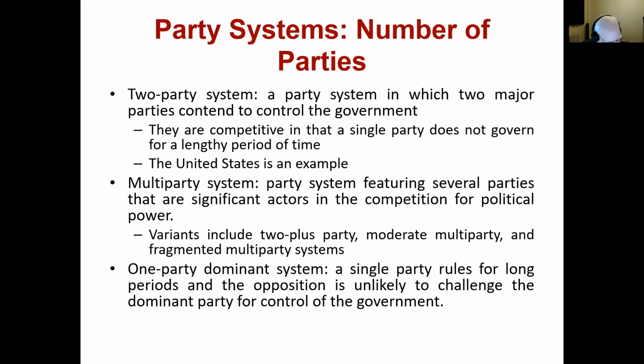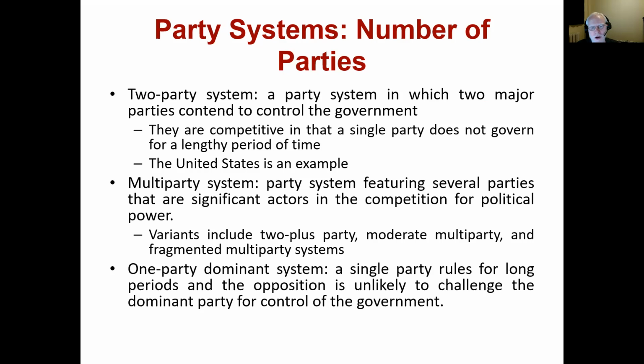And then a fragmented multi-party system would be one where you've got, say, 5 plus often major parties. So you'd have trouble identifying the two major ones, or if there are two major ones, they would get a much smaller share of the vote. And so it's really a fragmented one where the share of the vote is largely evenly split across multiple political parties.